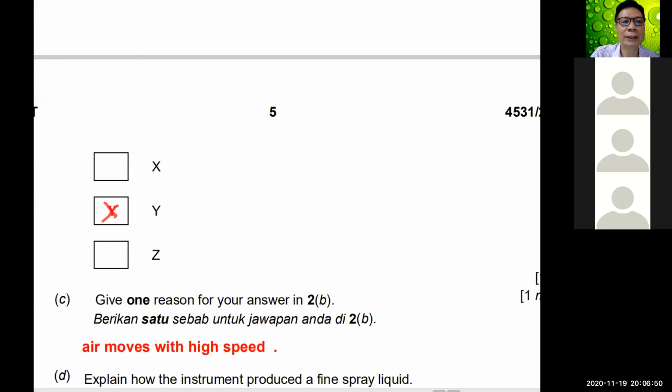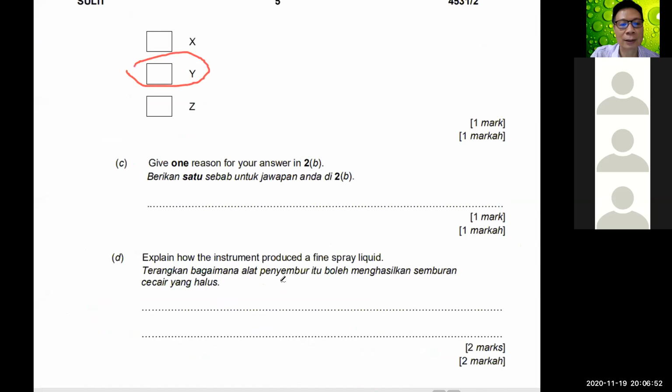All right, next. Now this is a 2 marks question. Explain how the instrument produces a fine spray of the liquid. I explained to you already. Now you need to explain how the instrument can spray the liquid and make it come out as a fine spray.